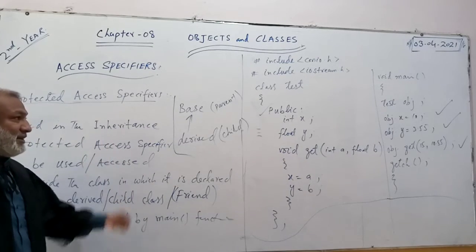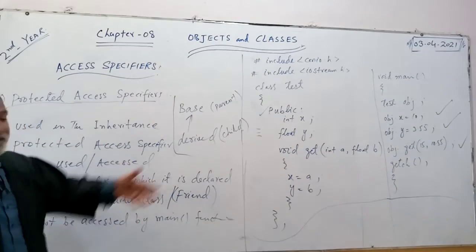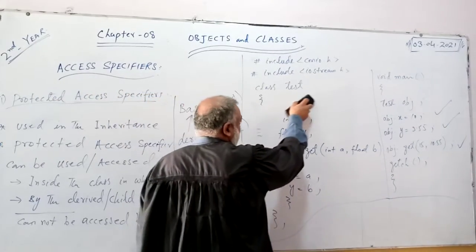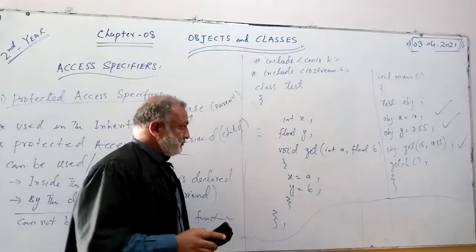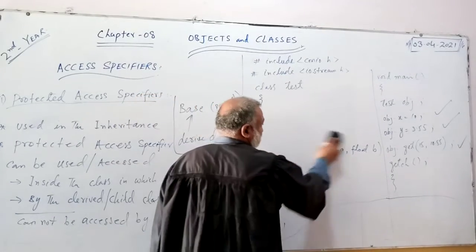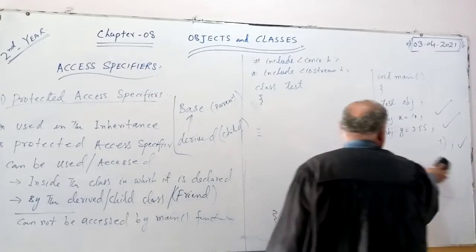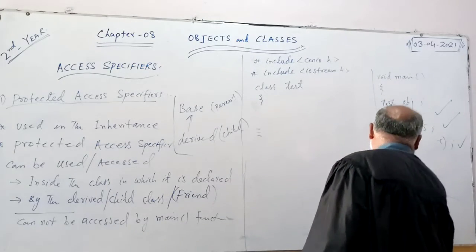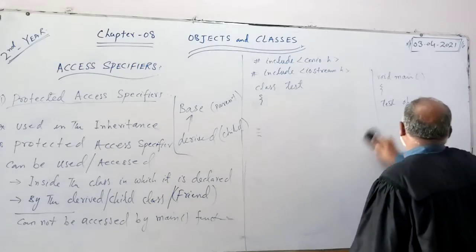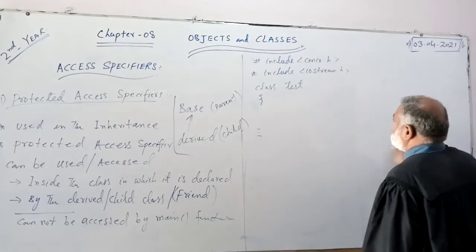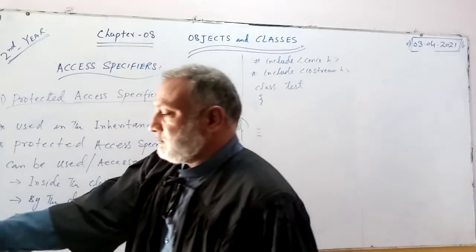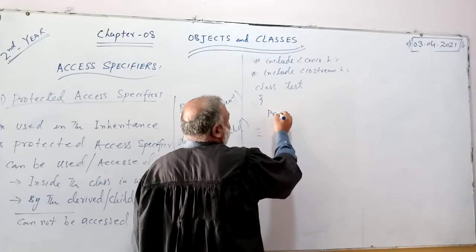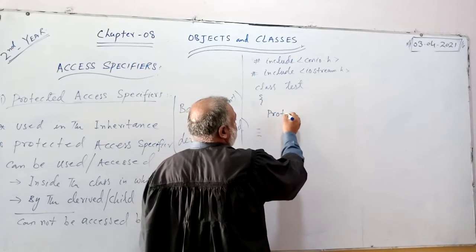So this is an example of protected, and if we put protected in that example, let me write an individual program for that, so it will get more clear. In place of private, I am writing protected.